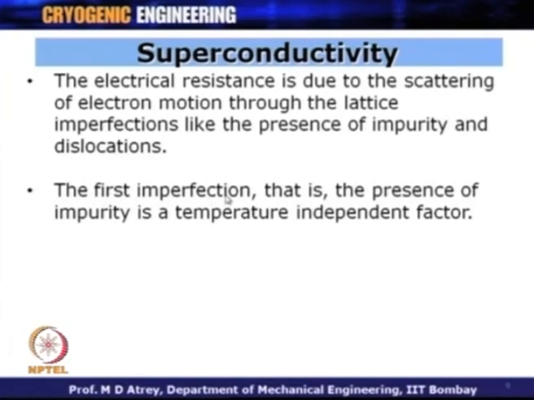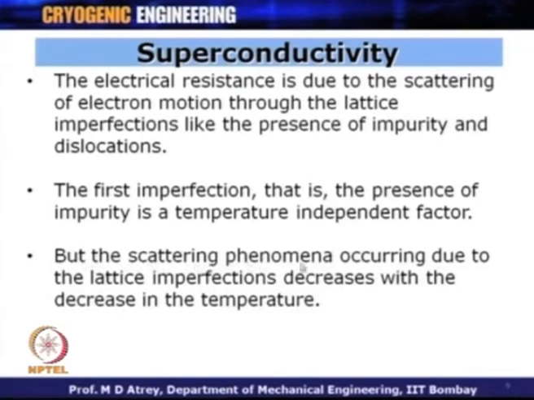The first imperfection, that is the presence of impurity, is a temperature independent parameter. So, whatever impurity is present in the material is present all through irrespective of the temperature, while the scattering phenomena occurring due to the lattice imperfection decreases with the decrease in temperature. What does it mean? At lower and lower temperature, the scattering phenomena is going to get less and less, alright, and therefore, the resistance to the flow of the electrons is going to be less and less.